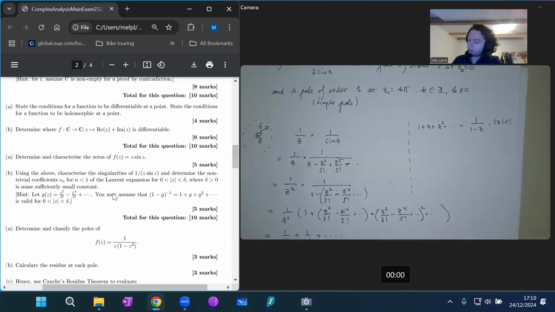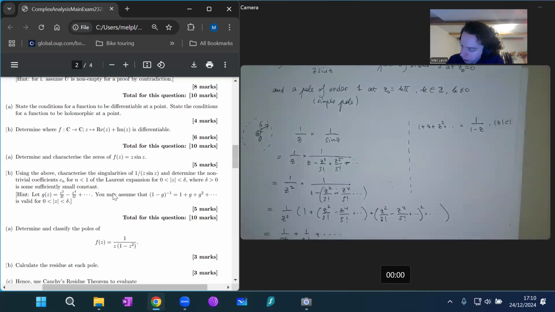So the conclusion is that for n strictly less than 1, c_n is equal to 0 if n is strictly less than -2.